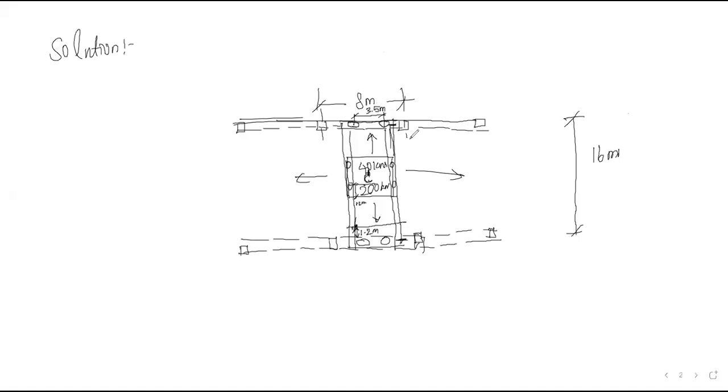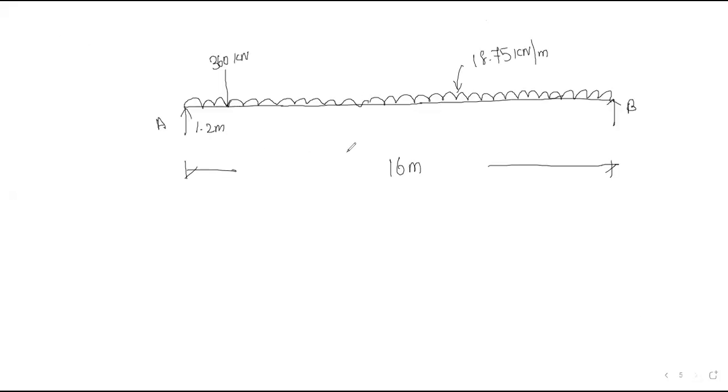Right now I'm calculating from here to here. Here I'm going to calculate the support reactions. So this end I'm going to treat as A and this end as B. Taking moment about A, we can calculate the reaction RB.